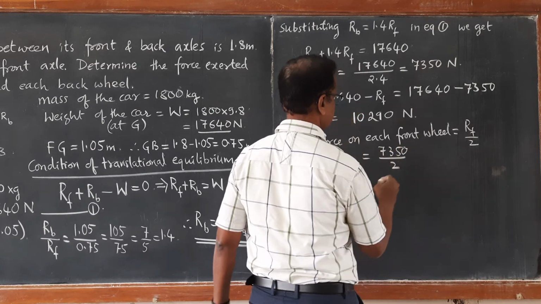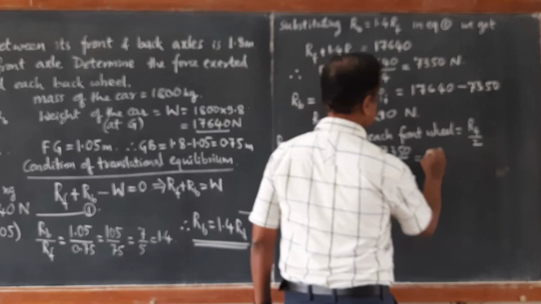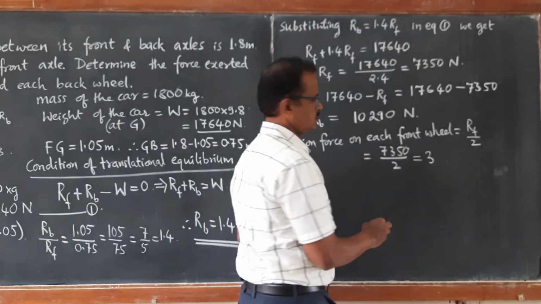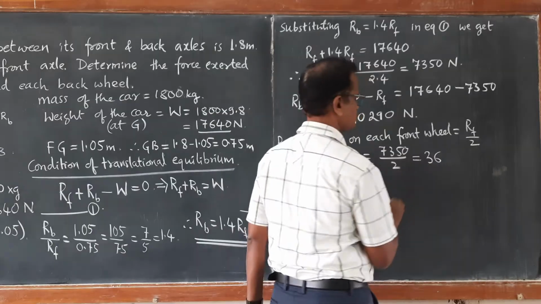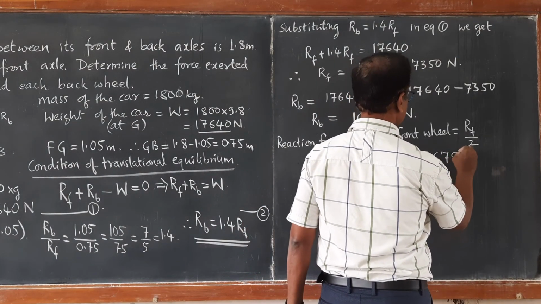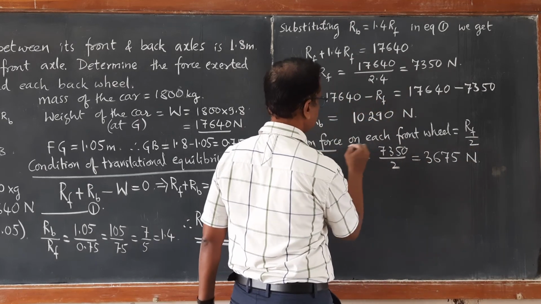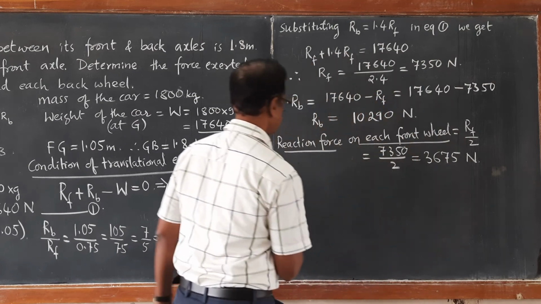If you simplify this, 2 3s are 6, 1 remains, 2 6s are 12, 1 remains, 2 7s are 14, 1 remains, 2 5s are 10. So this is the reaction force on each front wheel.